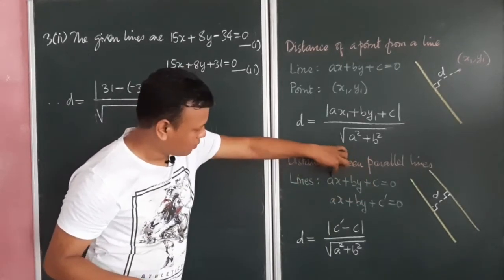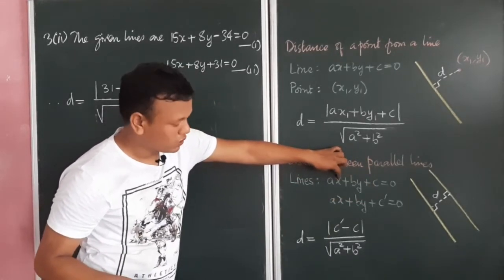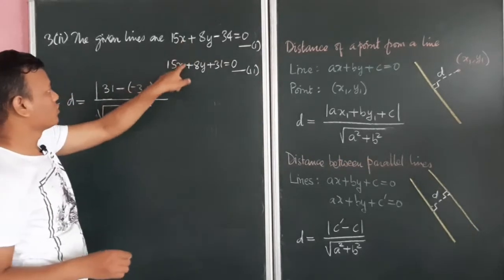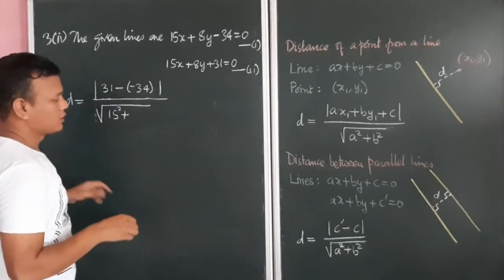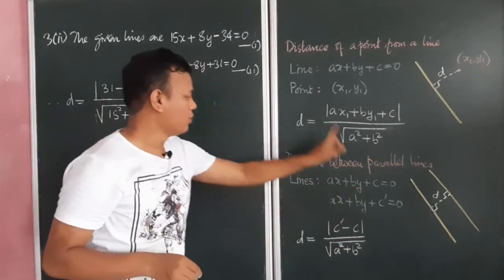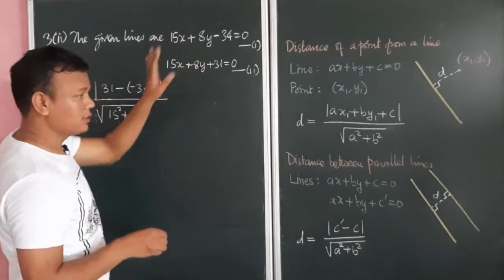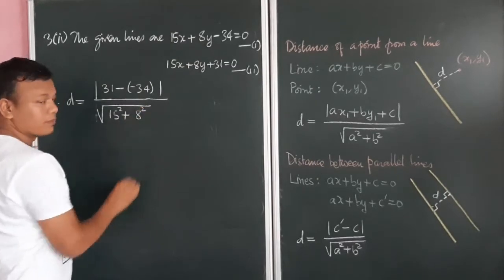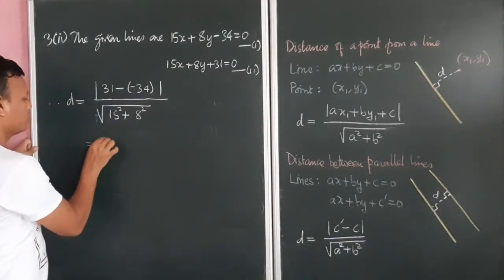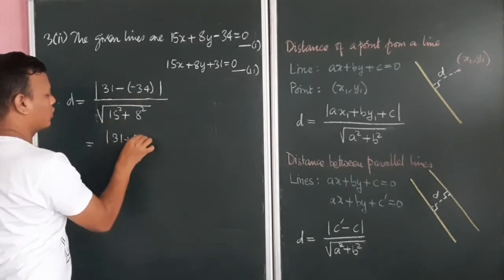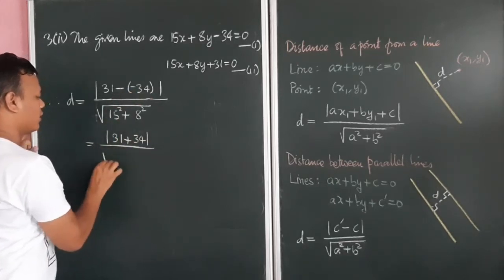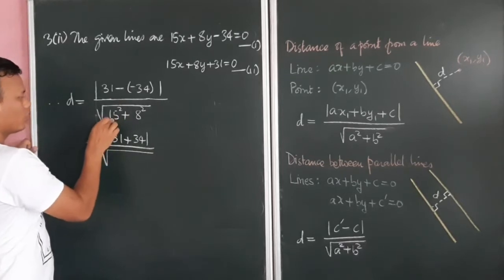Here a represents the coefficient of x, and in both it is 15, so 15 square, plus b square, where b is the coefficient of y, which is 8, so 8 square. So we have 31 plus 34, whole divided by the square root of 15 square.